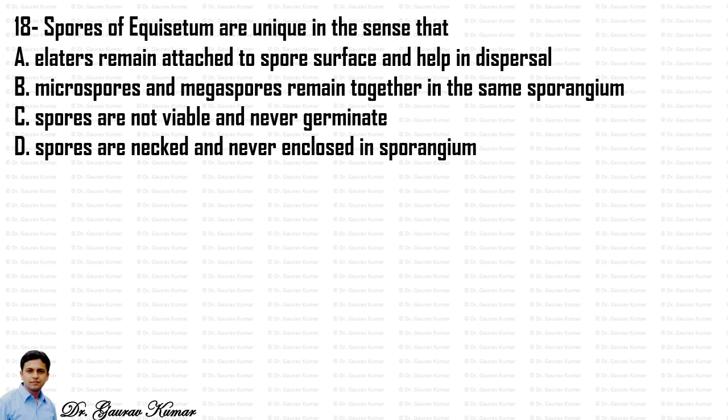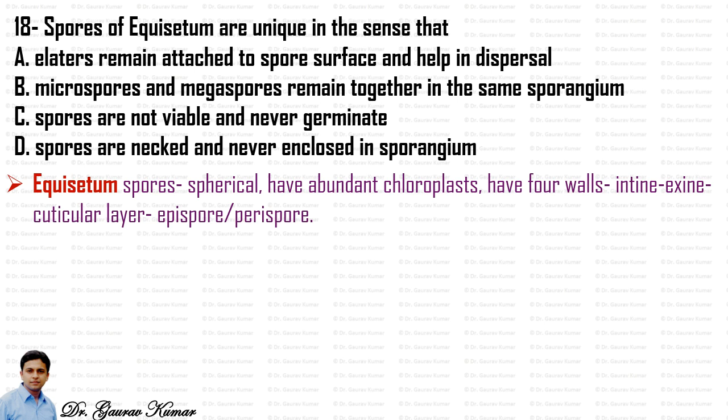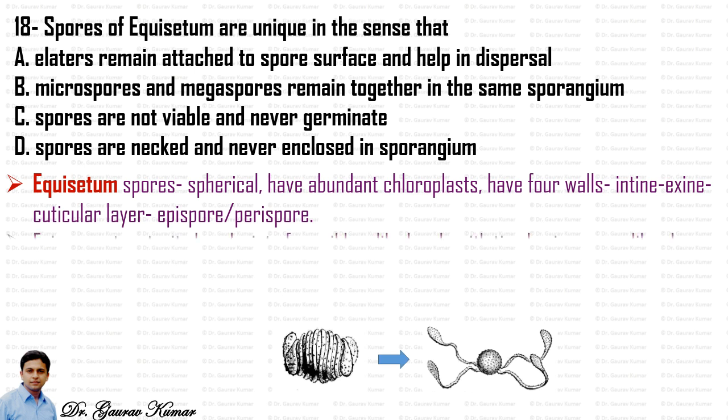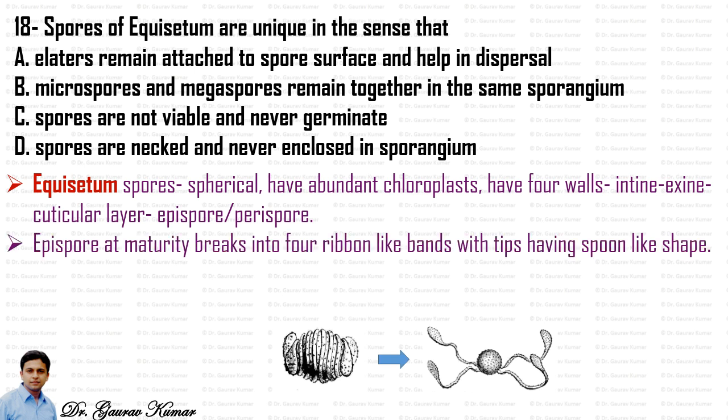Now the next question. Spores of Equisetum are unique in the sense that, now they are asking about spores of Equisetum. So let's see how Equisetum spores look. They are spherical, they have abundant chloroplasts, and they have 4 walls: intine, exine, and a cuticular layer having exospore and perispore. The exospore at maturity breaks into 4 ribbon-like bands with tips having a spoon-like shape.